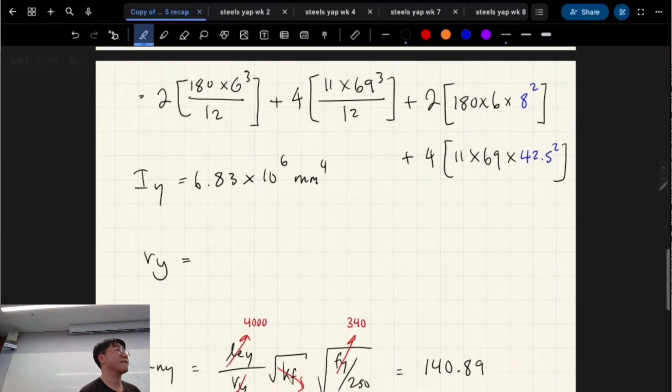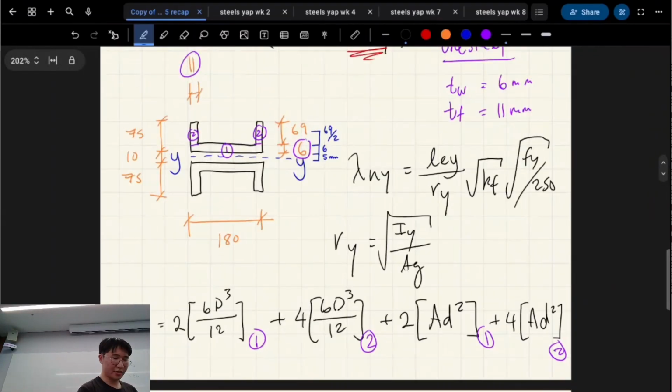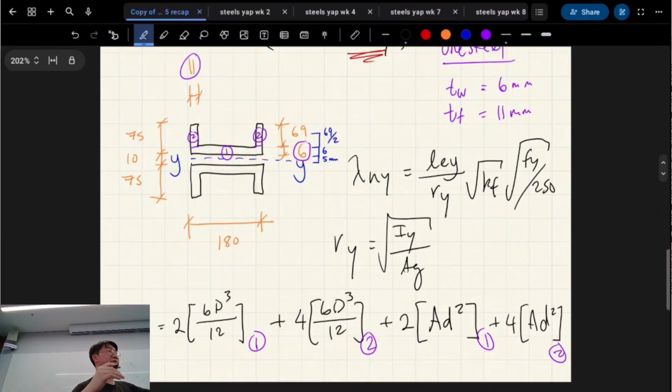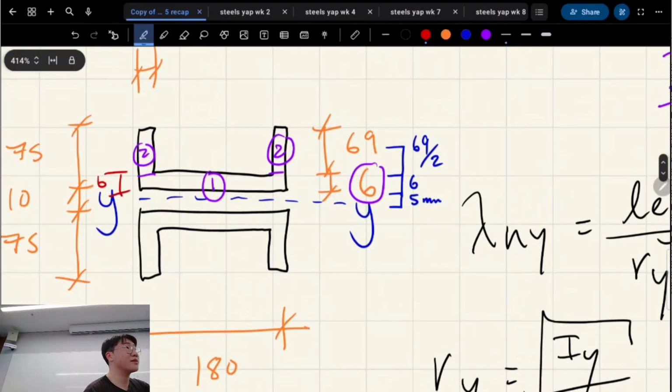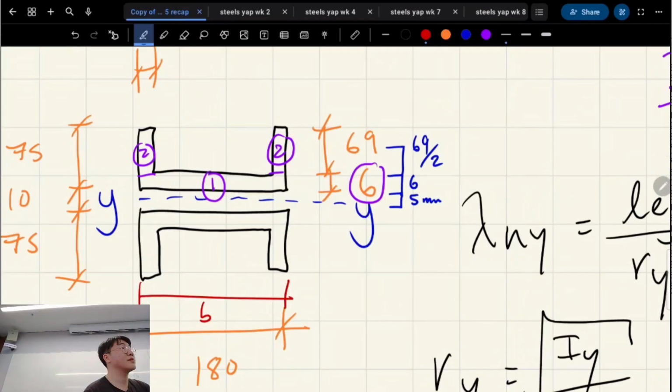For IY, isn't that B cubed? It's relative to your perspective, and as long as you have the correct dimension in terms of the solid mechanics, it doesn't matter what you call B and what you call D. I could have called this B, but I've just decided to call this B. I've rotated it 90 degrees, so the y axis cuts horizontally.